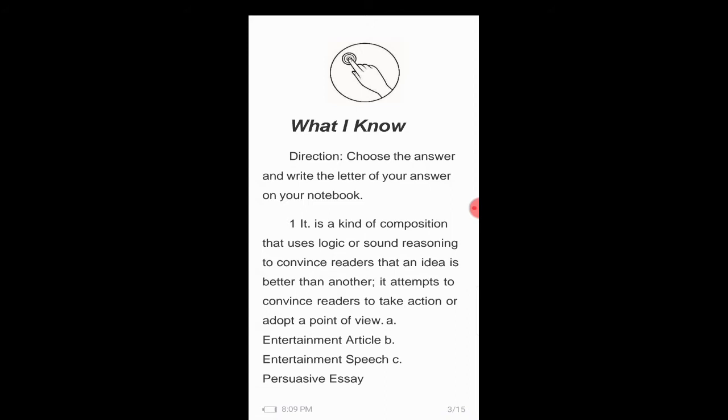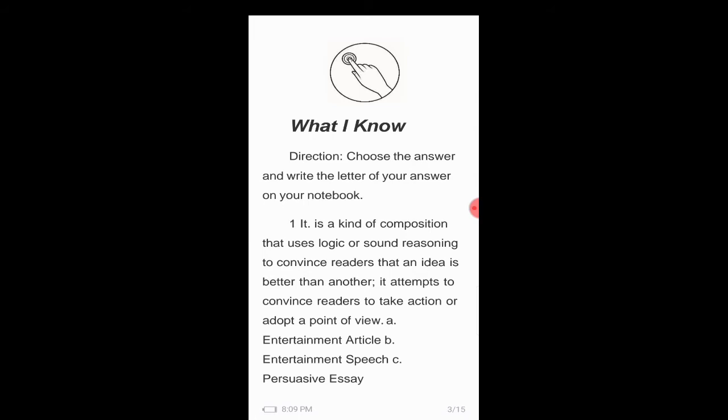So just listen to my discussion and take down important notes because sooner I will be collecting your lecture notebook for checking, to check if you are really taking down notes every week. These notes will be very helpful to you, especially when we have our summative test.